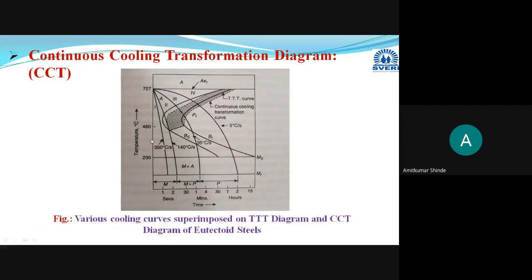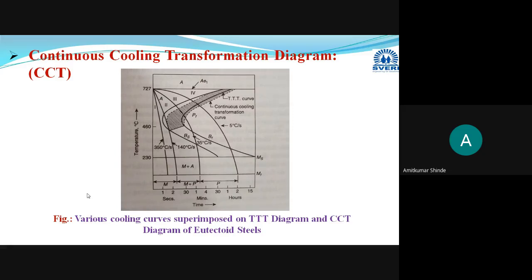For different cooling rates, we get different phases, and you have to explain that in the CCT diagram. In the TTT diagram we can obtain pearlite, bainite, and martensite, all three phases depending on the cooling rates. But in the CCT diagram, bainite transformation is not possible, only pearlite and martensite.